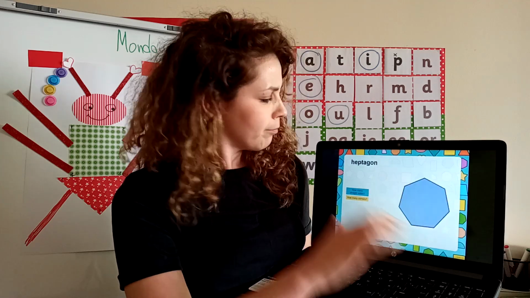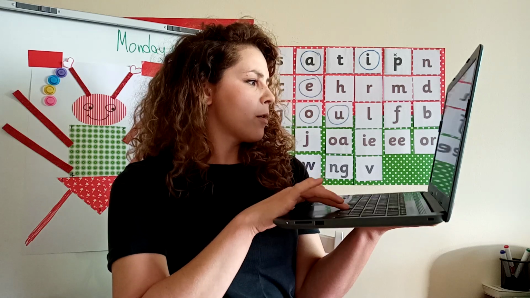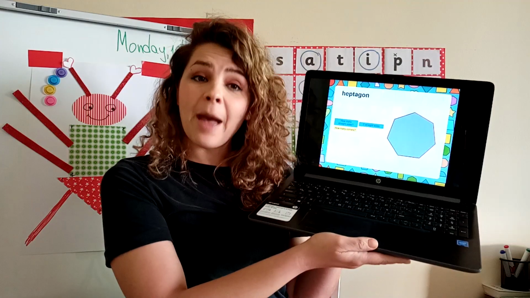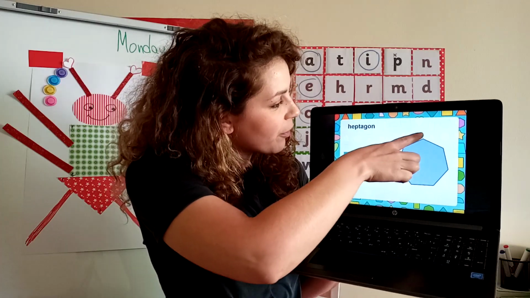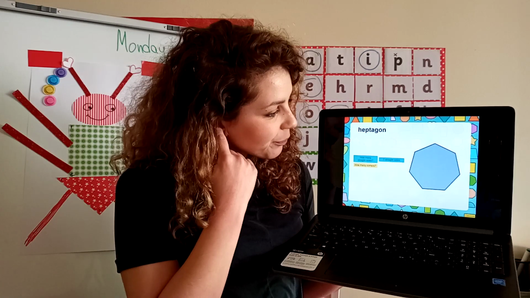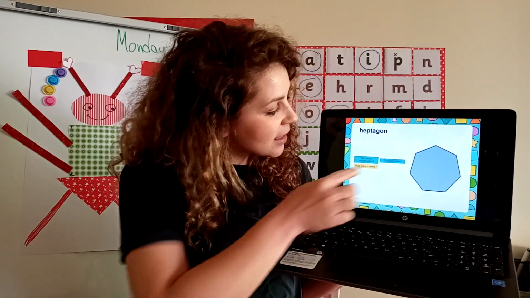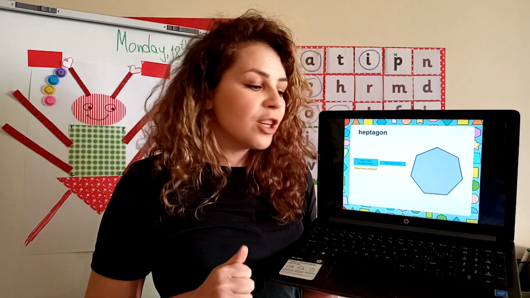septagon. Oh, heptagon. Okay, I made a mistake. Heptagon, I said it wrong. Heptagon has 1, 2, 3, 4, 5, 6, 7. 7 sides. And corners, 1, 2, 3, 4, 5, 6, 7. 7 corners.